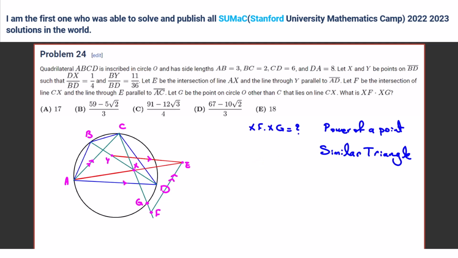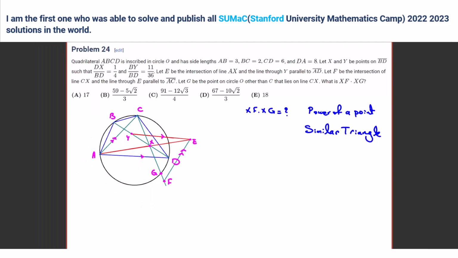So when you have a product, 90% of the cases, triangles can be useful. Because we have parallel lines here, we can write some similar triangles. Also, we have a cyclic quadrilateral. So let's list all similar triangles. Can you tell me what are the similar triangles here? Triangle AXC is similar to triangle FXE.